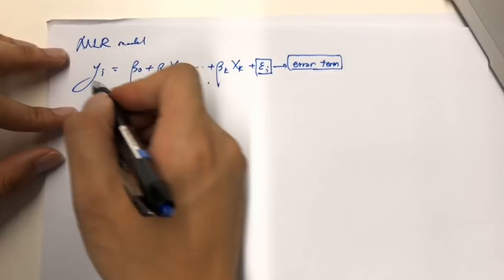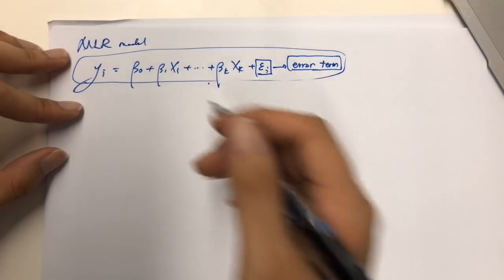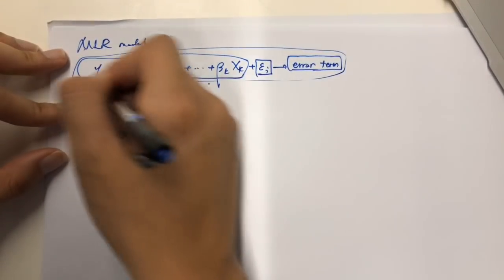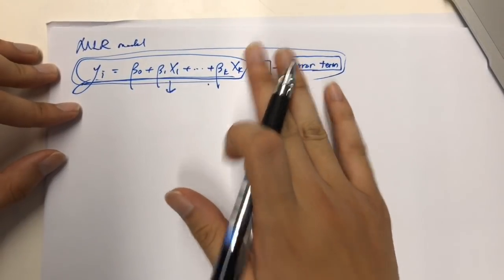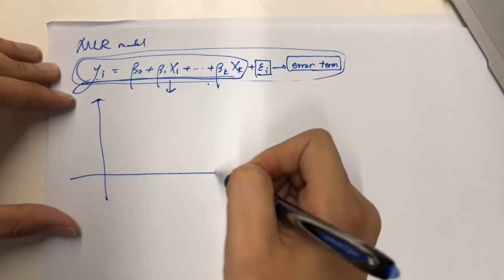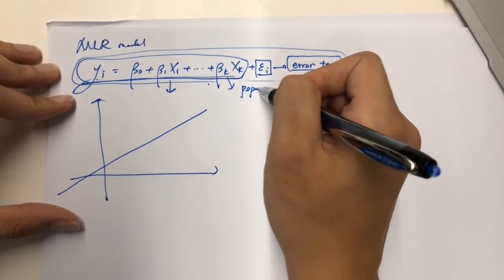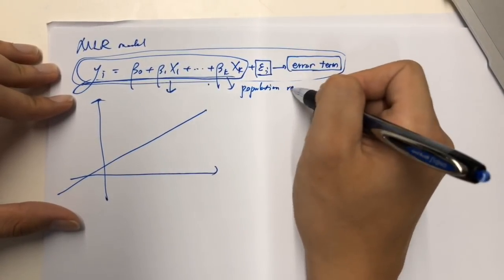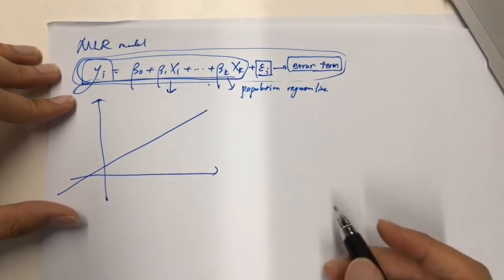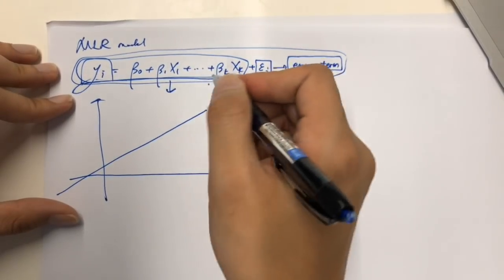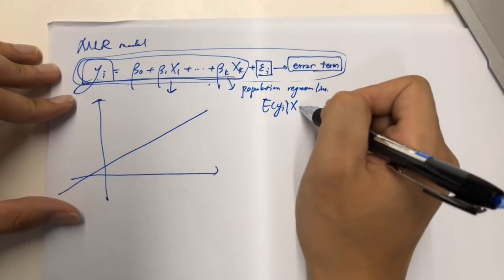This multiple linear regression model can be regarded as two parts. The first part is a straight line. Without the error term, it's simply a straight line. We can call this the population regression line. Its value is actually the expected value of yi given any x.